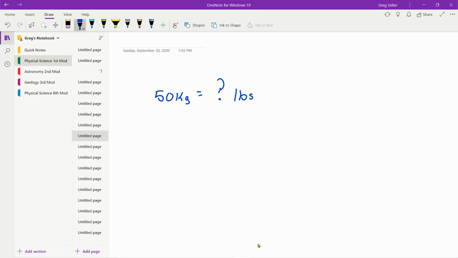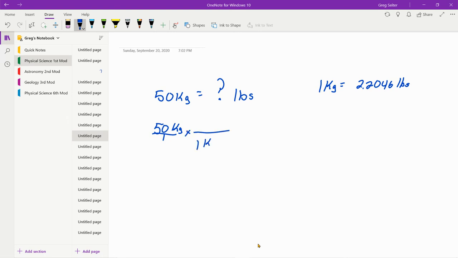All right, so I know that 1 kilogram is equal to 2.2046 pounds. All right, so we'll come back over here. 50 over 1 kilograms, don't forget your units, times.